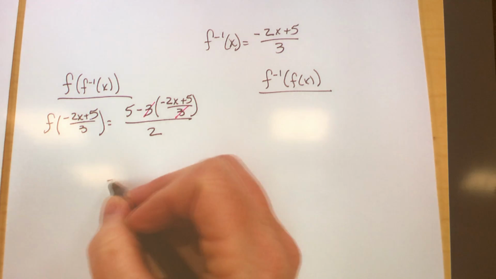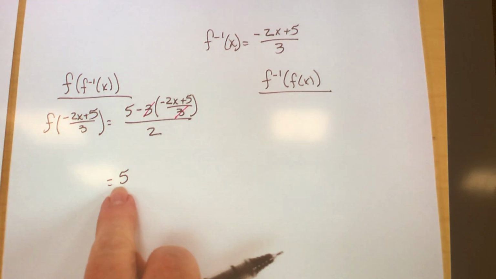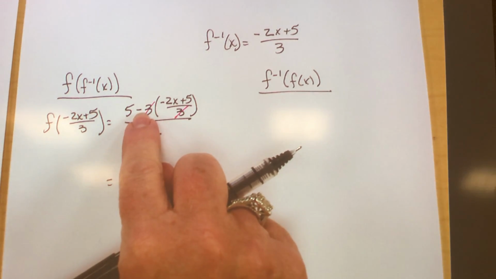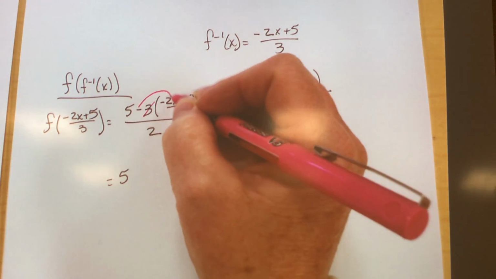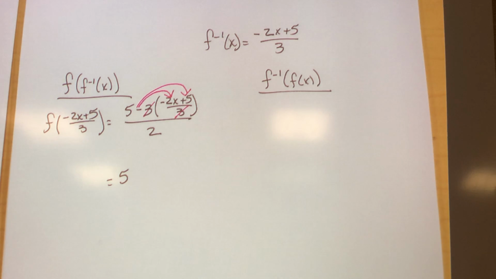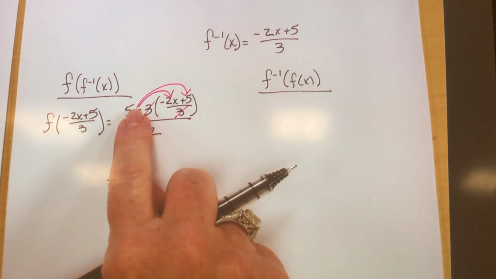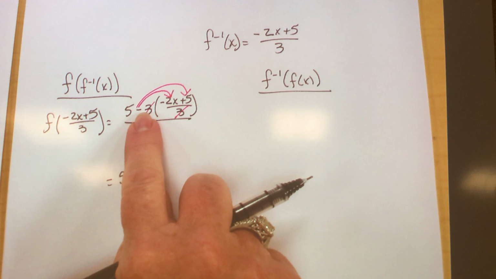This negative has to be distributed here and here. You need to be really careful that when you slash stuff, you understand that the negative goes there. While the 3's cancel out, the negative is still there.